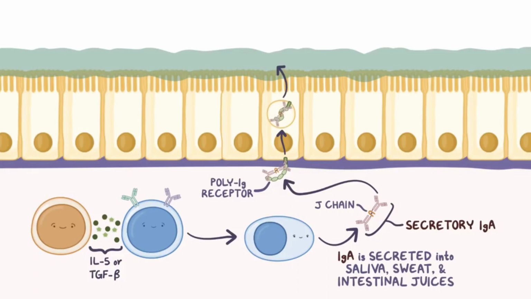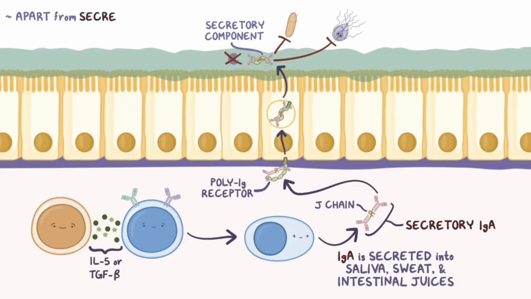Since that's a very hostile environment, a portion of this receptor, known as the secretory component, wraps around IgA like a protective armor and keeps it from getting broken down by degradative enzymes. This way it can stop toxins or pathogens from attaching to mucosal surfaces of the gut or airways and invading the body's tissues. Apart from secretory IgA, there's also a small amount of IgA in the serum, called serum IgA, which exists as a monomer.